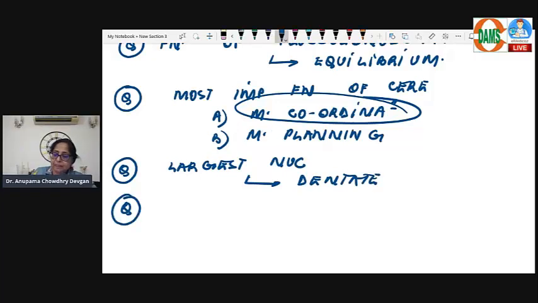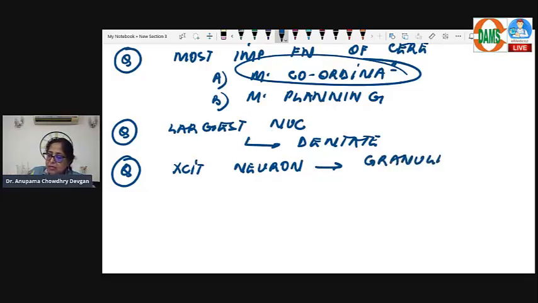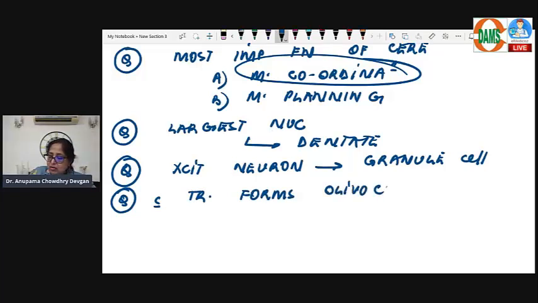Next question. The only excitatory neuron in the cerebellum, is it going to be the granule cell, basket cell, stellate cell, or the Purkinje cell? Answer was granule cell. Next question. Which tract forms the climbing fibers?